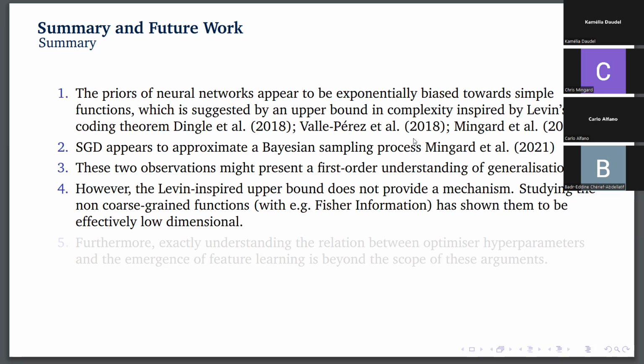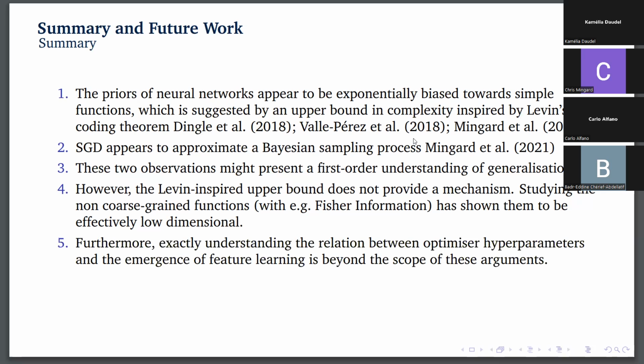But there are other, more proper causative mechanisms where you can look at these functions without coarse graining, and you find that the eigenvalues of the Fisher information, for example, vary over many orders of magnitude. So suggesting that they're also effectively low dimensional, which would correlate with simplicity, but in a more fine-grained picture.